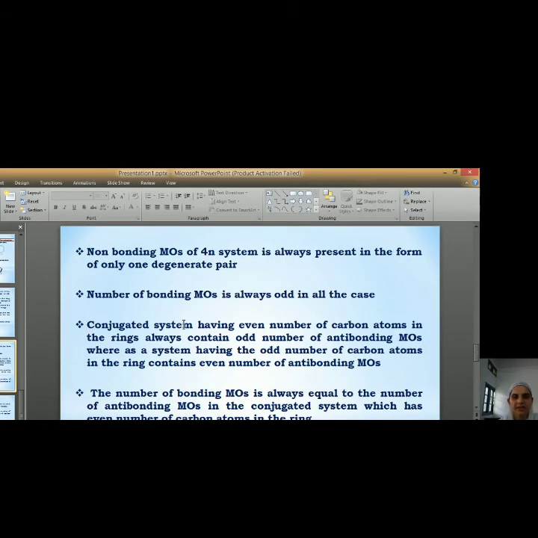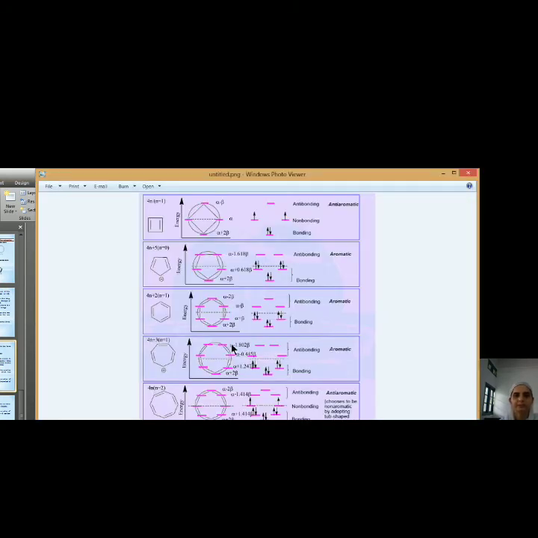Now the conjugated system having an even number of carbon atoms in the ring always contains an odd number of anti-bonding MOs. This means that in 4n plus 2 and in 4n system we have an odd number of anti-bonding orbitals because we have one single highest lying orbital which is added to the other pair of anti-bonding orbitals and we will get an odd number of anti-bonding orbitals.